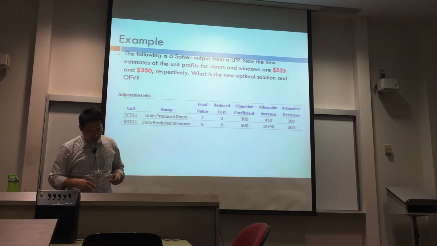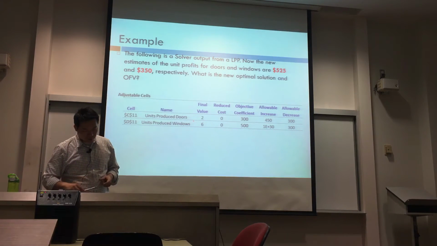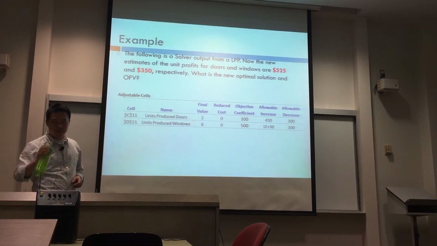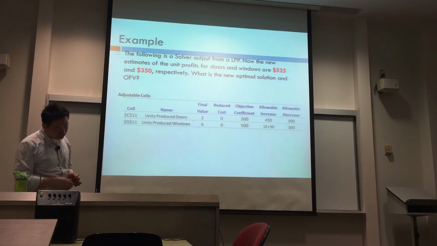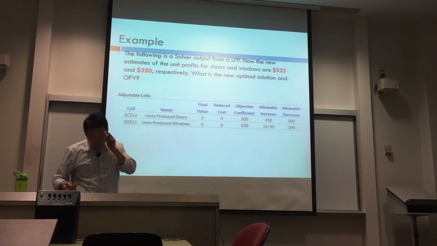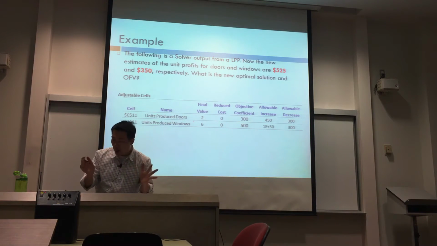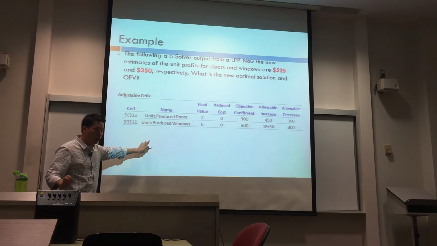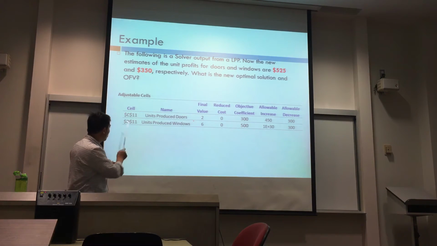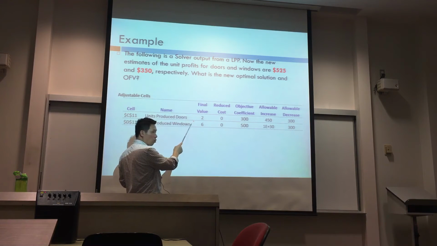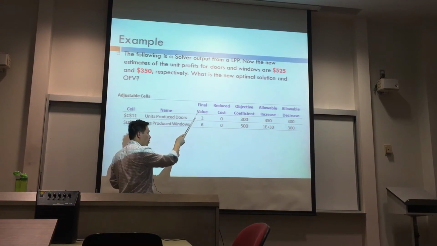And let's just do one example. So you have the report, and you can tell those two variables, the number of doors and the number of windows, 2 and 6.